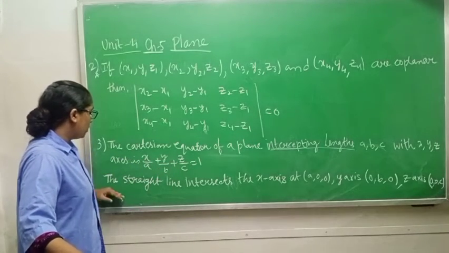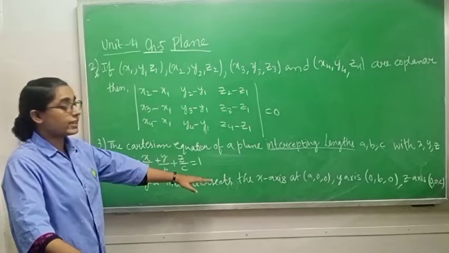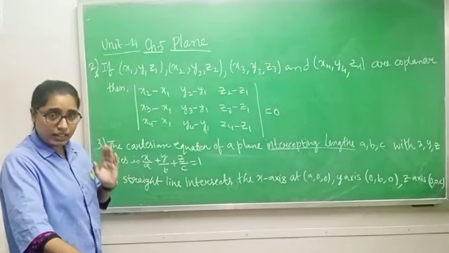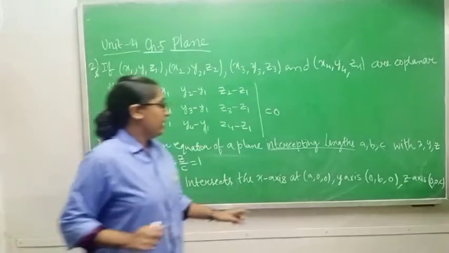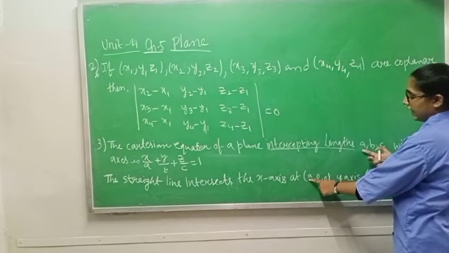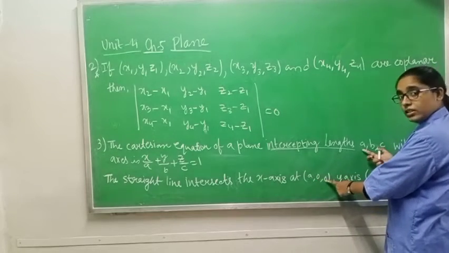Now one more thing, the straight line intersecting the x axis. If any straight line is intersecting the x axis, it means that in the x place we can write this length a, and y and z will remain 0.